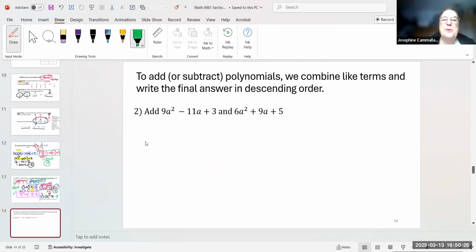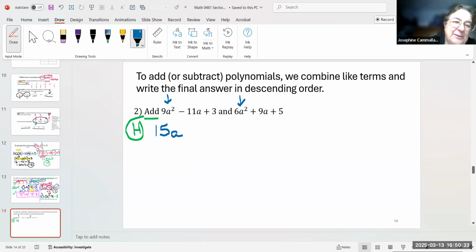Now, this one. It is saying to add. Okay. Well, horizontally, I'm going to put that right here because I'm going to do that first. I'm going to take this term, which is a squared, and this term, and I'm going to add them together.